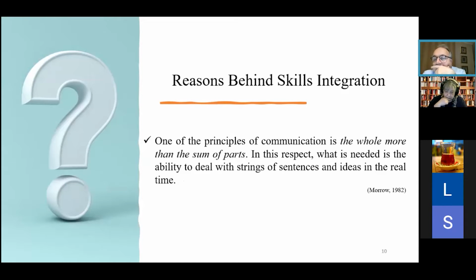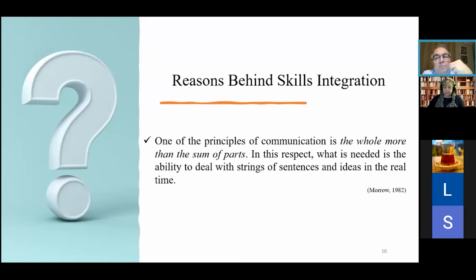In this respect, what is needed is the ability to deal with strings of sentences and ideas in real time. In other words, communicative language is an important part of our philosophy in integrating language skills, because we need to talk about the real learning and teaching environment.